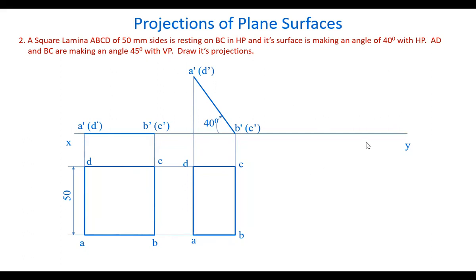So we draw a line here at 45 degrees angle. On this, we take one edge, either AD or BC. AD you take, because both these two lines are parallel. If you show one, automatically the second one also will be at the same angle. So AD is taken here.